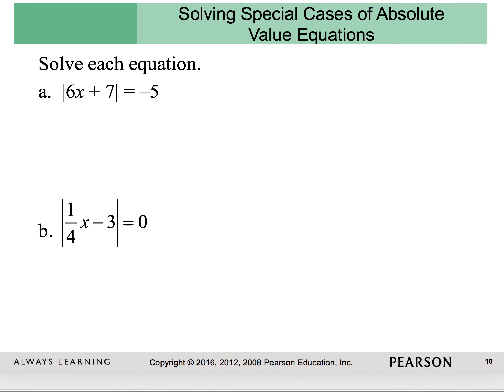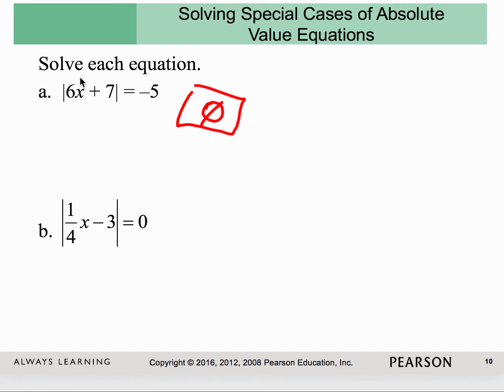Okay? So, look at these cases. Now, they've got these separated, but I've just got to think about this every single time. Okay? Absolute value equals a negative number. What does that mean? Absolute value cannot equal a negative number.